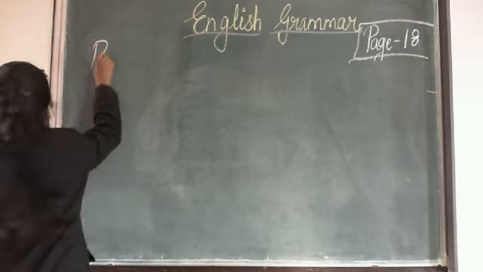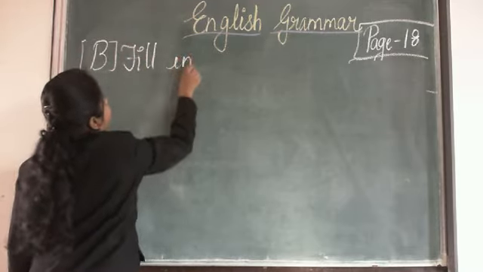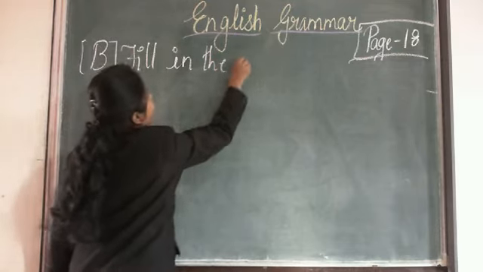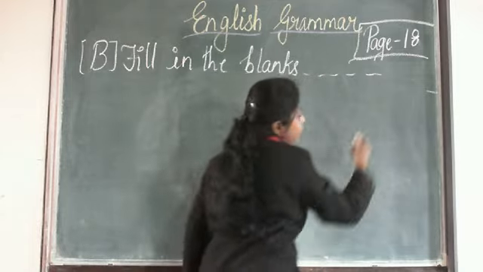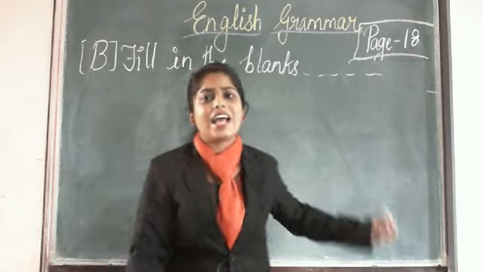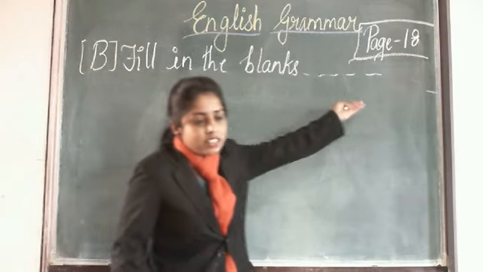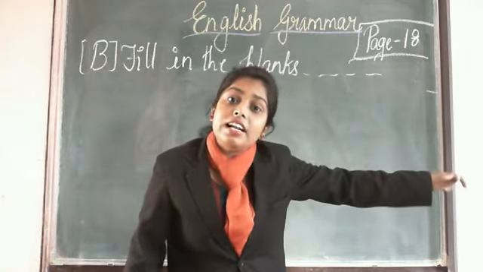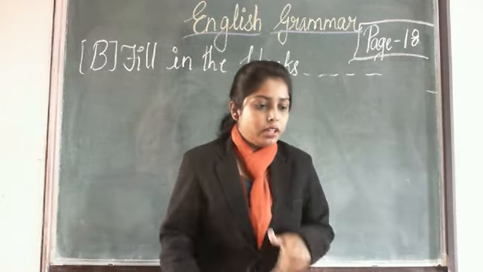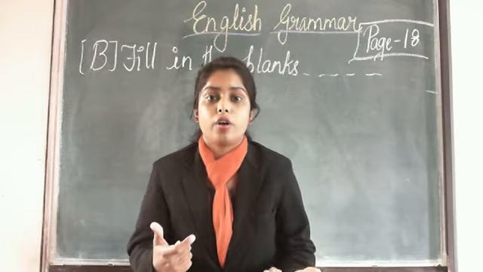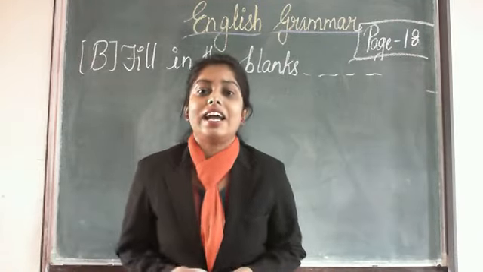Now the question is so big that I cannot write the whole question on the board. So fill in the blanks with the help of scrambled letters that are given to you in the brackets, and you have to make the suitable adverbs. What we have to make with those scrambled letters? We have to make adverbs.